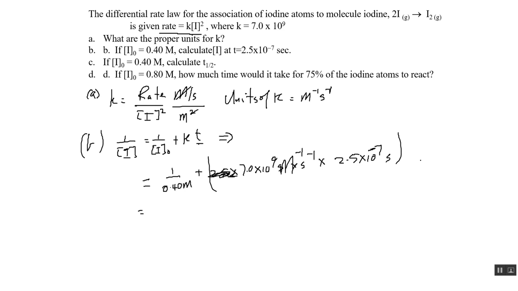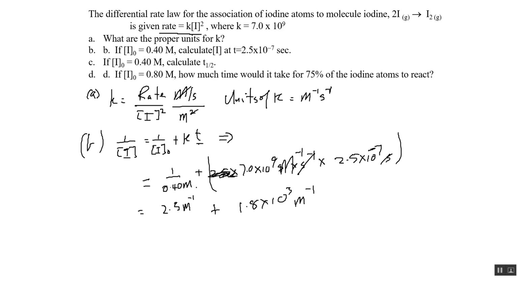So this part here, 1.8 times 10 to the 3, and the units for that part would be M to the minus 1. Now the 0.4 that we have here, we have to divide 1 by that number. So 1 divided by 0.4 is equal to 2.5. So this is 2.5 M to the minus 1.